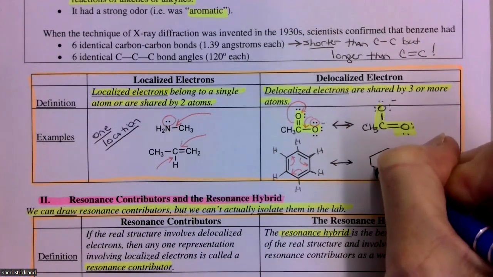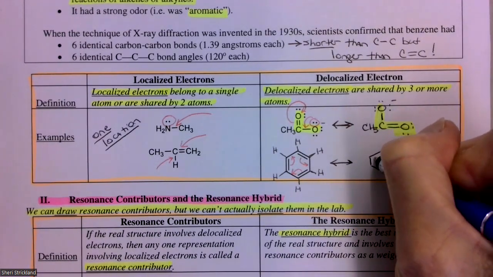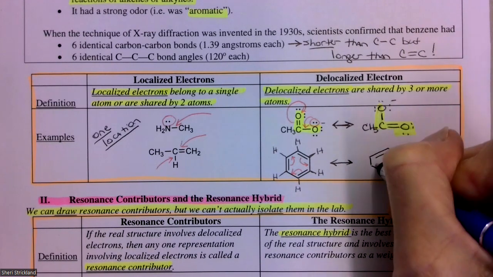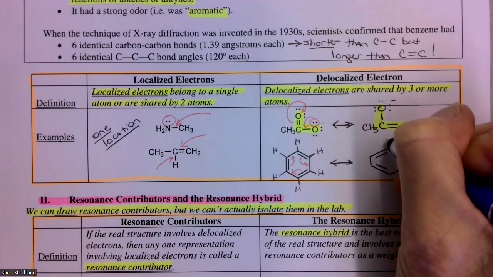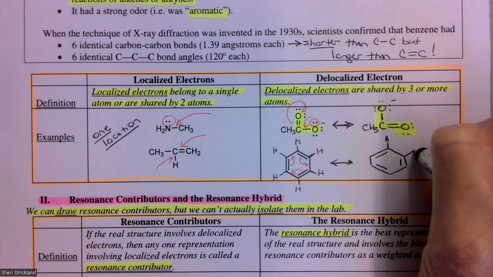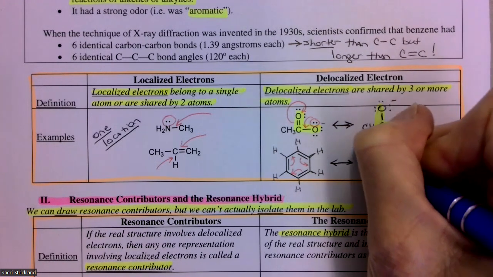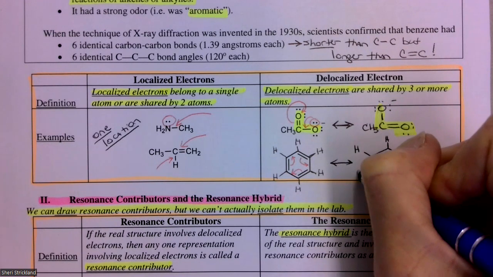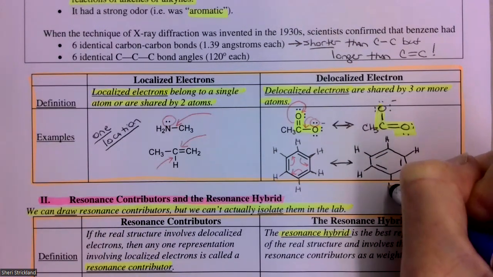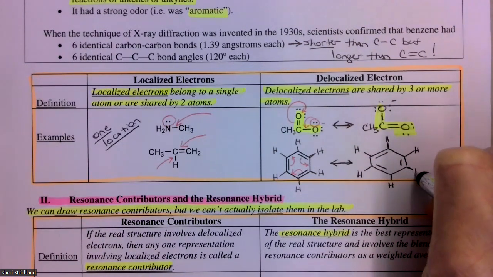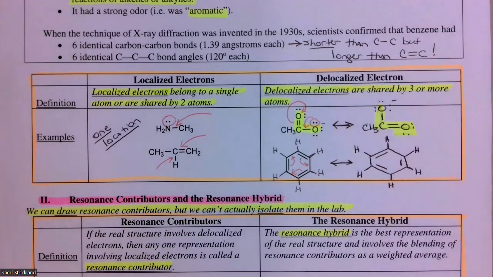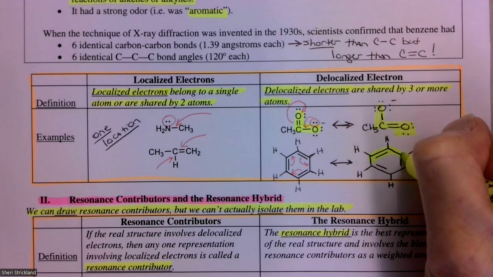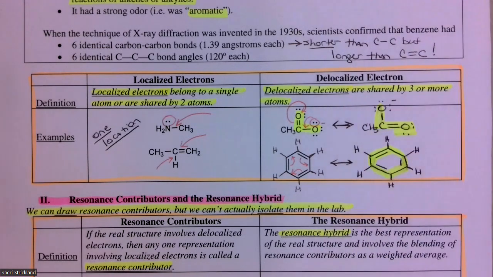You find that all of those carbon-carbon bonds are more like a length appropriate for a bond and a half, which was weird. The way they explained it was to say, okay, maybe the electrons have some movement to them. Maybe they can be shared by more than 2 atoms. And as we'll see, benzene is an even fancier case.